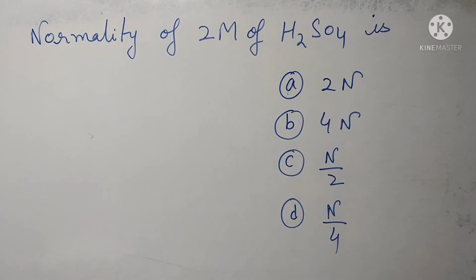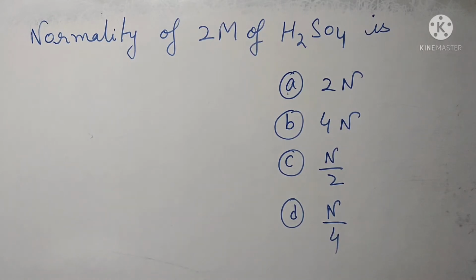Now one more question, which is concept based. We have to find the normality of 2 molarity of sulfuric acid. That means here the molarity of sulfuric acid is given and we have to find the normality.